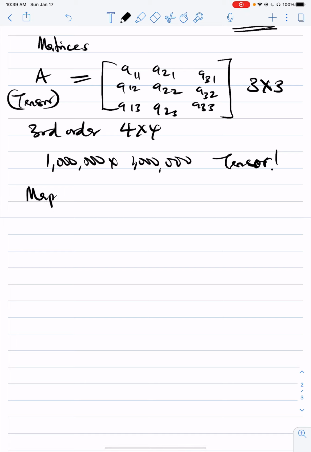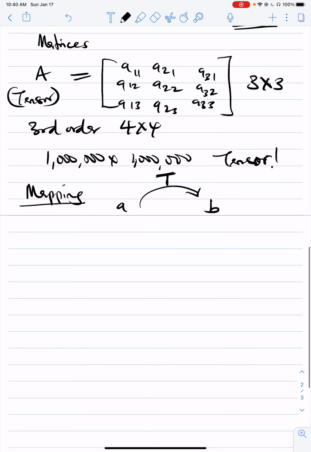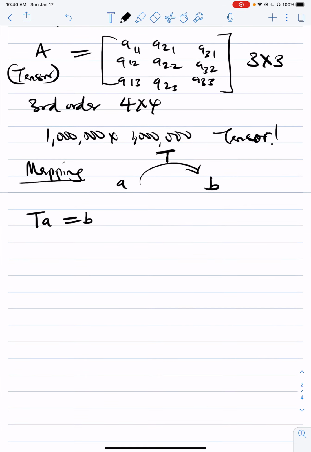Now, transformations, we're talking of mapping, right? We have two vectors, so the linear operation between them is mapping from one to the other by a tensor. So if you have T A equal to B, let me explain what this means.